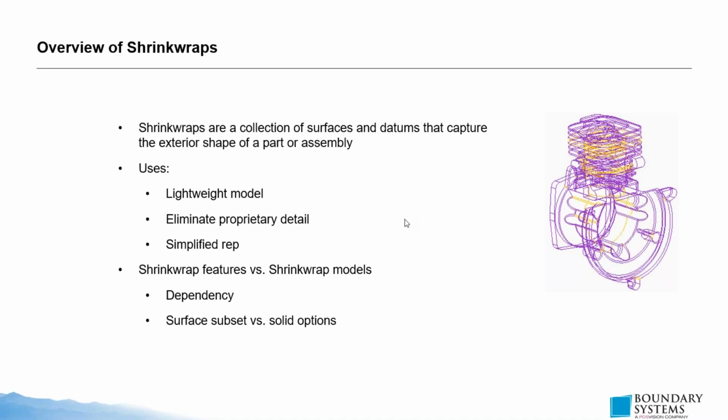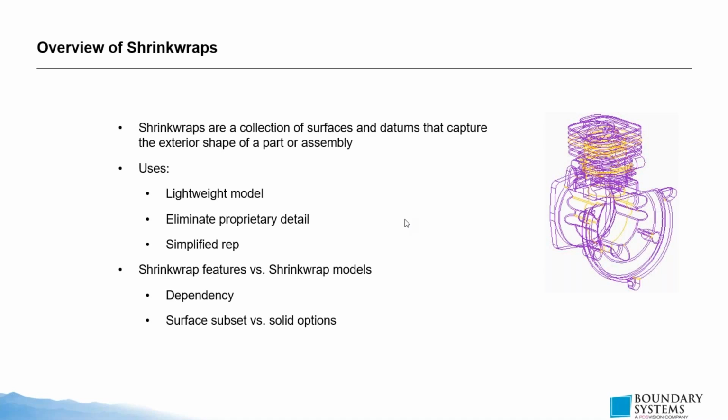A potential use would be, for example, if you have your model and you're trying to figure out packaging for it, so you need a space requirement, but you don't necessarily need all the data about how that model is made. This is a perfect application of a shrink wrap.